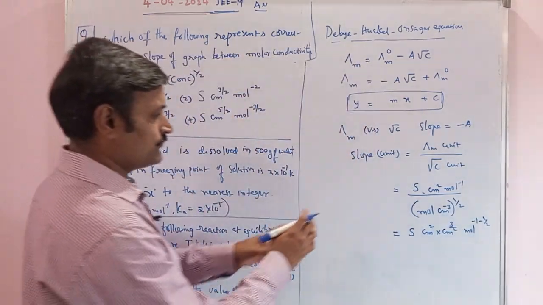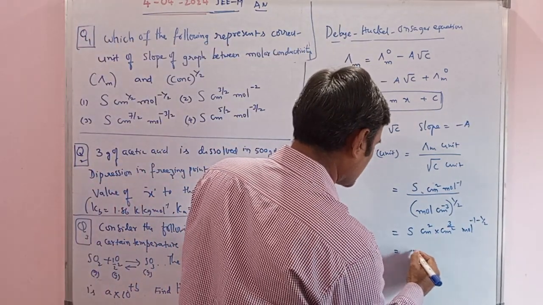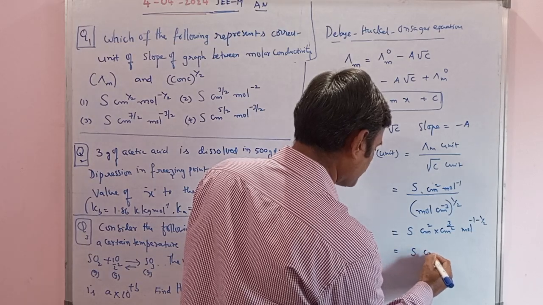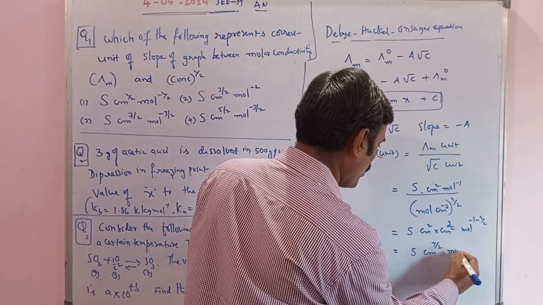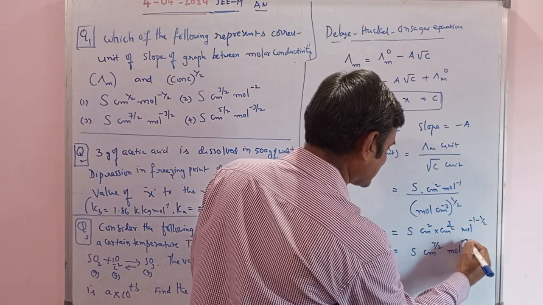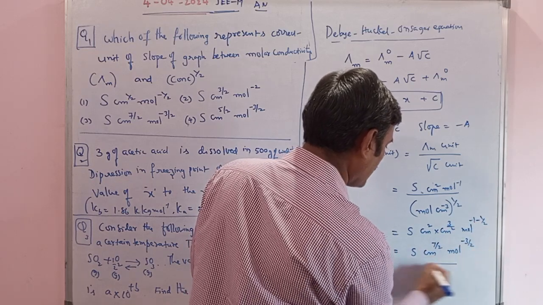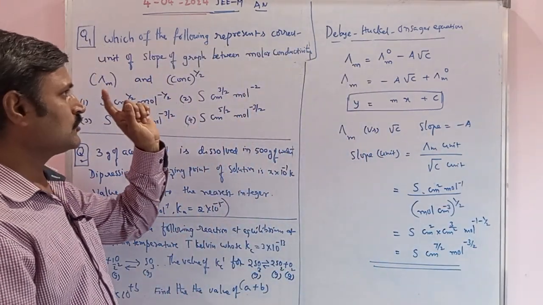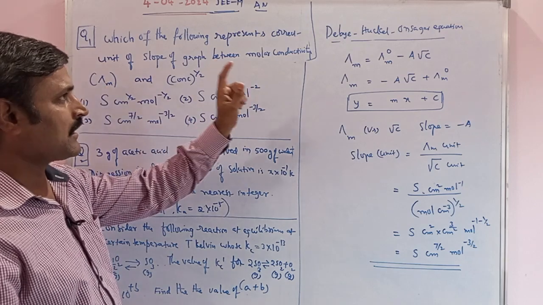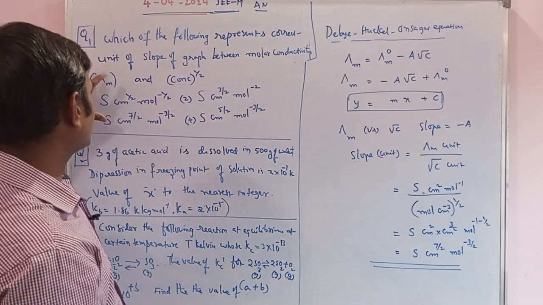If you just clearly write the powers, it will become Siemens centimeter power 7 by 2 mole power minus 3 by 2. These are the units of the slope of the Debye-Hückel-Onsager equation they are asking.